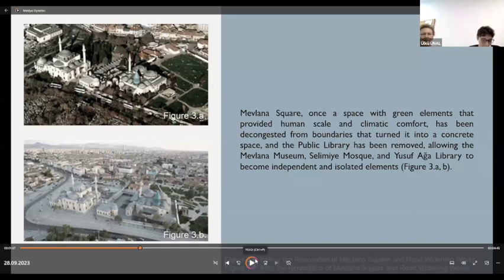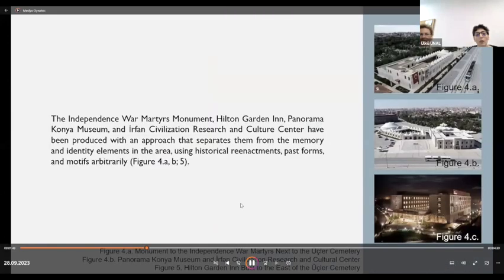We will examine changes in the area via the before and after photos of Türbe Önü. This is Mevlana Square before and after photos. Independence War Matrix Monument, Hilton Garden in Panorama Konya Museum, and İrfan Civilization Research and Culture Center.